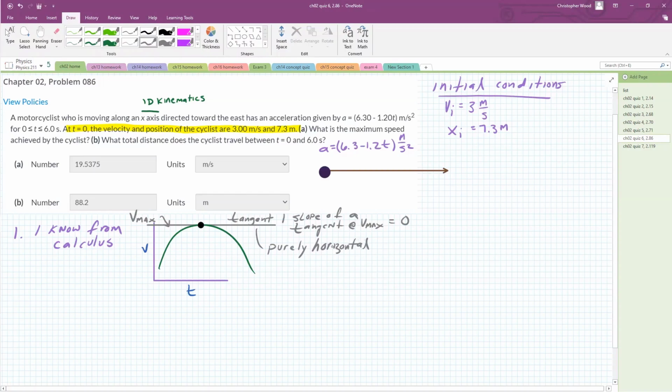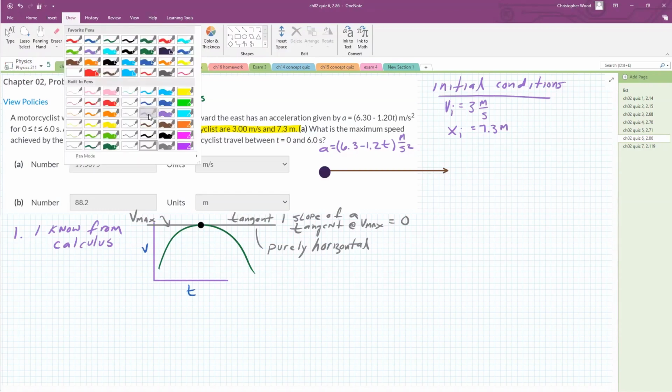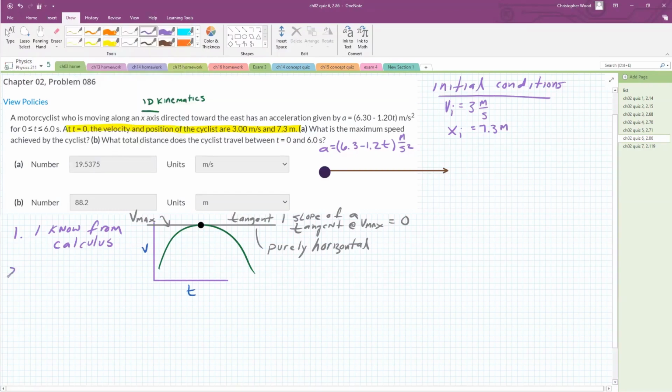So what is the slope of this graph? Well, M stands for slope, and you know that slope is rise over run. Generically, you've probably seen this a lot of times as well. Rise is the y-axis, so it's delta y over delta x.